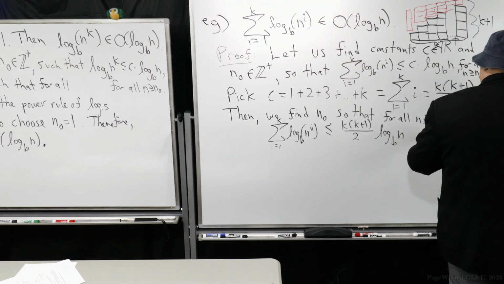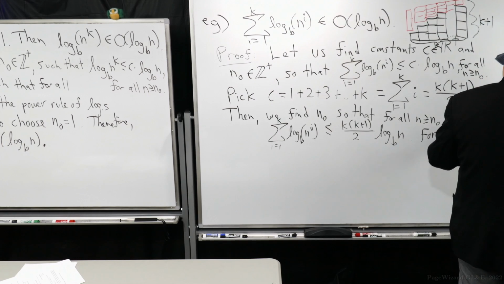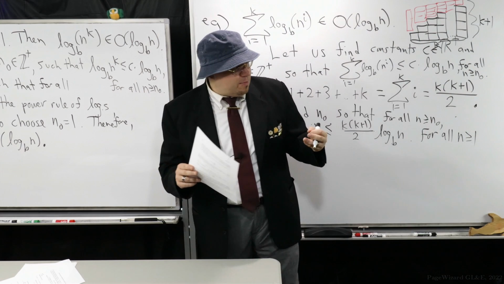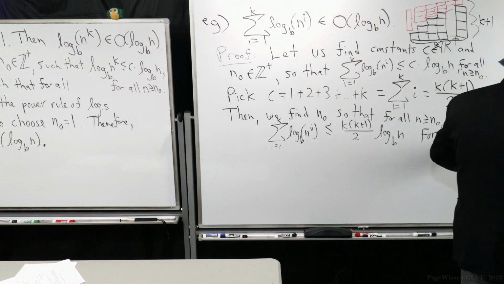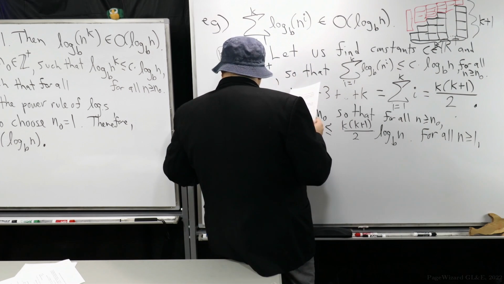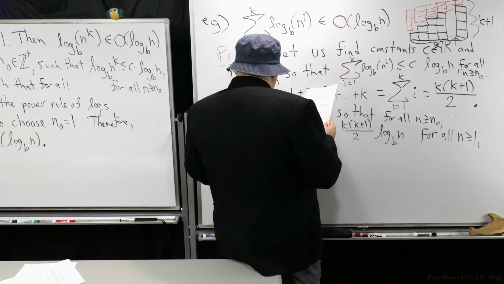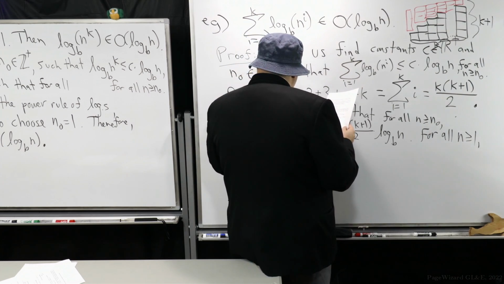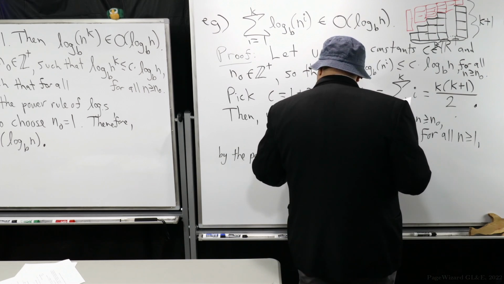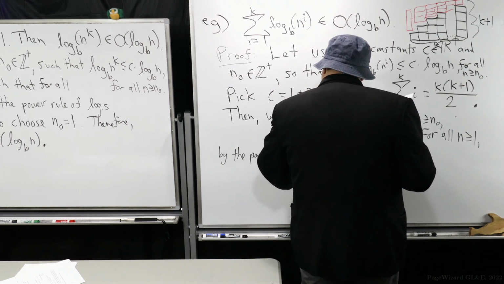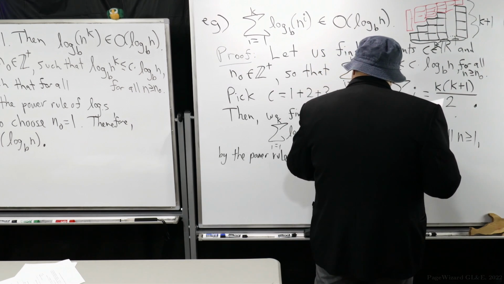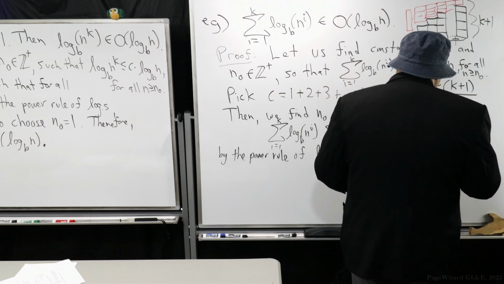Notice the domain I'm using here is for all n greater than or equal to 1, because I want a statement that connects my selection of n0 to this next statement. For all n greater than or equal to 1, observe by the power rule of logarithms, we have the following.